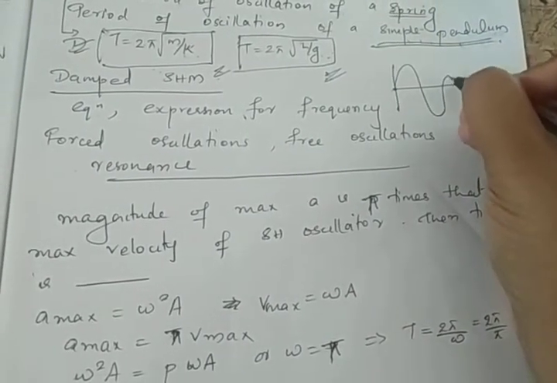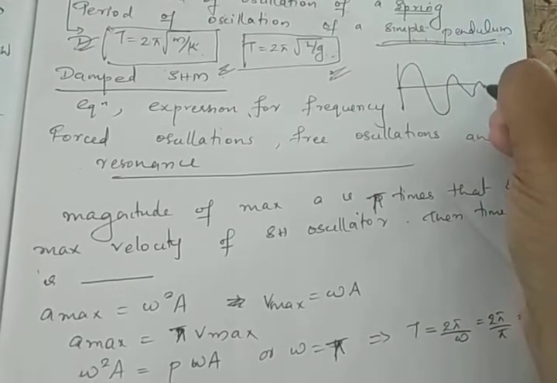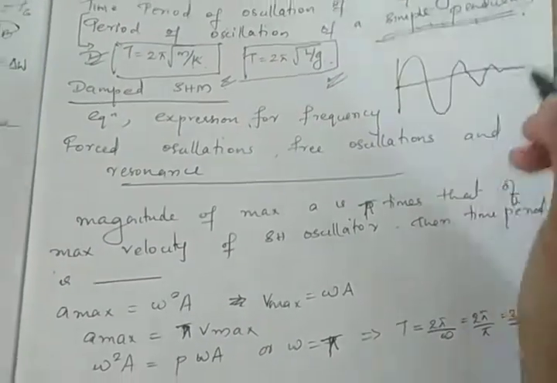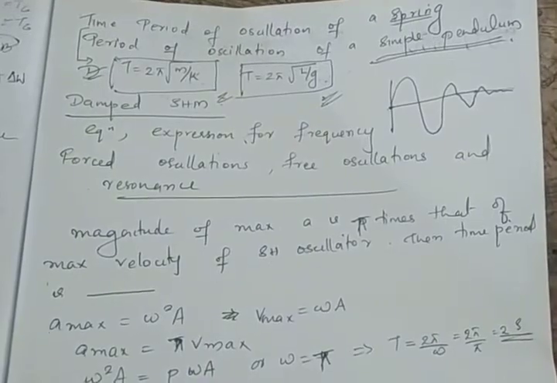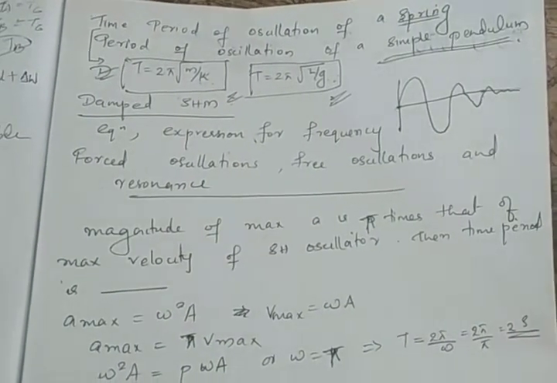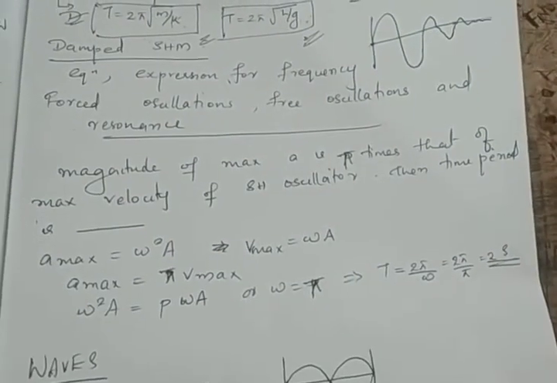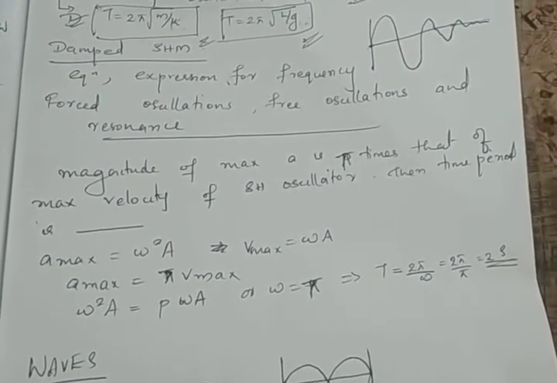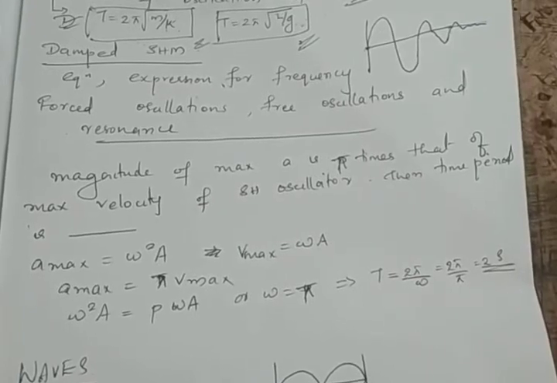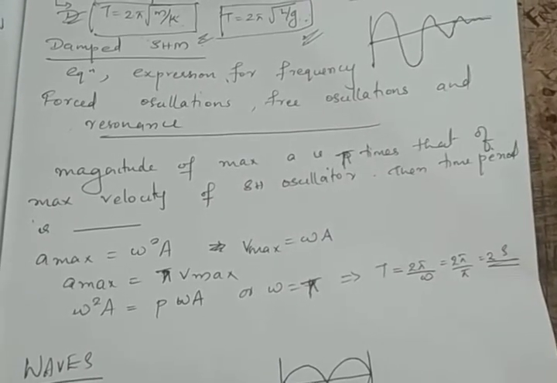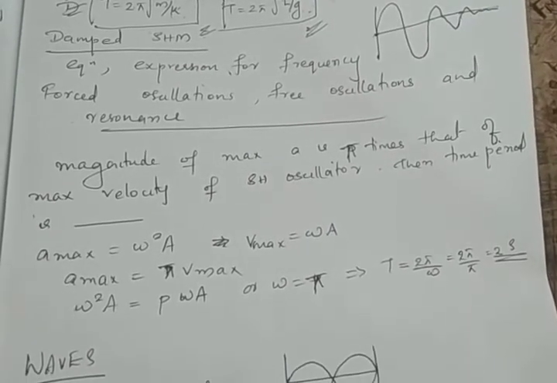After some time the amplitude decreases with respect to time and finally becomes zero. All the oscillations that we see around us in the real world are best examples of damped simple harmonic motion. Due to the resistive forces present in the medium, the amplitude of the oscillation decreases and finally the oscillation stops.